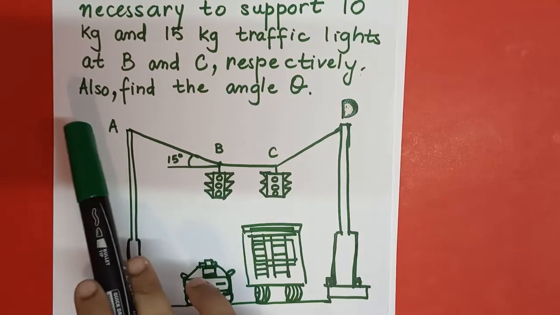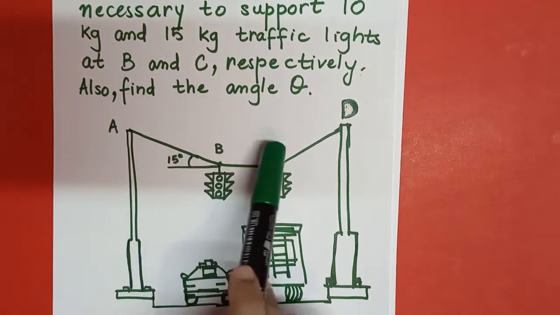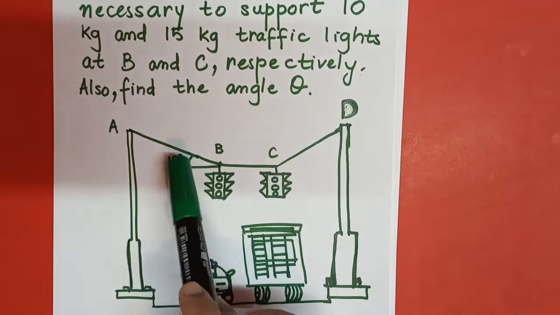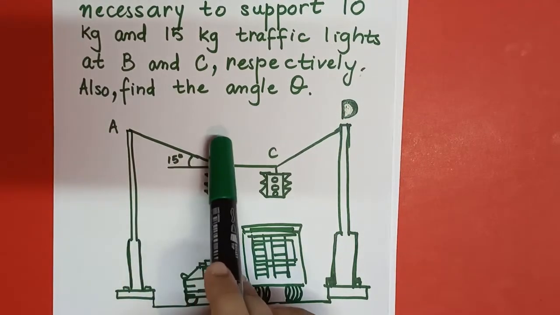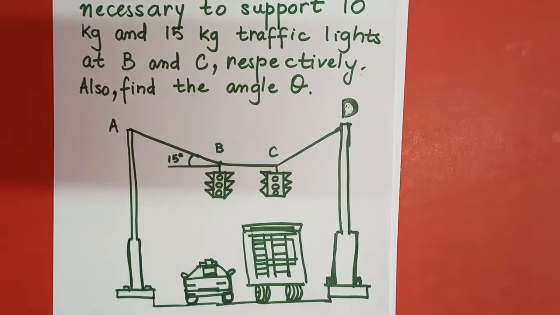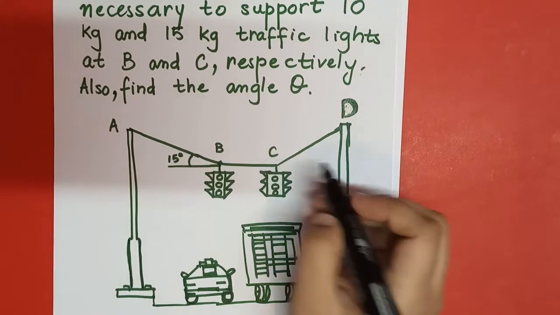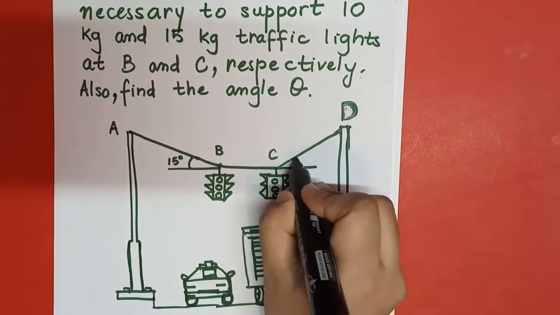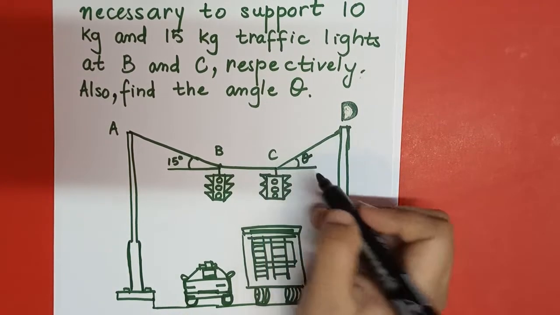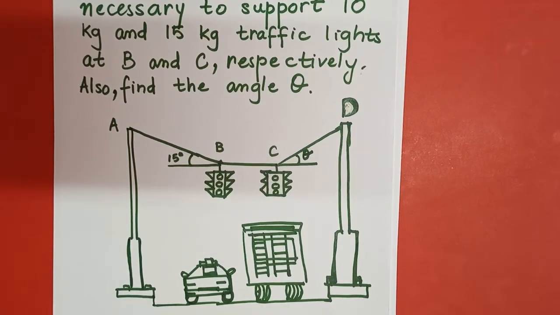So what is happening in it? There are points A, B, C and D. An angle of 15 degrees is made with the negative x-axis at point B, and we also have angle theta, which is asked in the question, that is here, that is theta. So what is it asking?